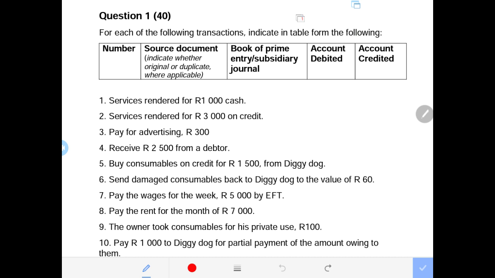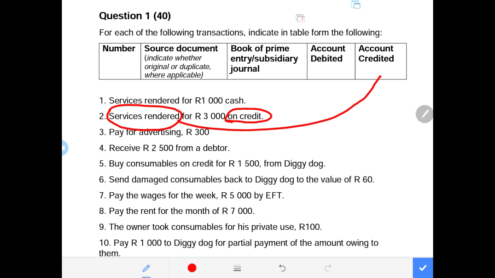Then we now have to say, how did we render this service? Did we receive money? The answer is no. But we know that the minute we render services, they will increase on the credit side. The question is, how did we render this service? On credit.